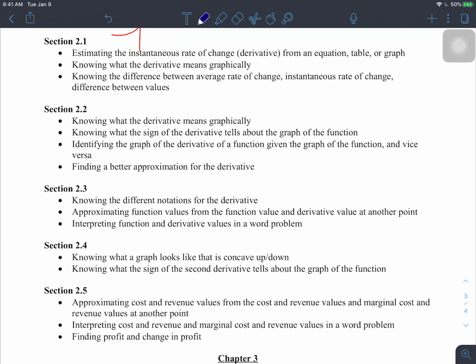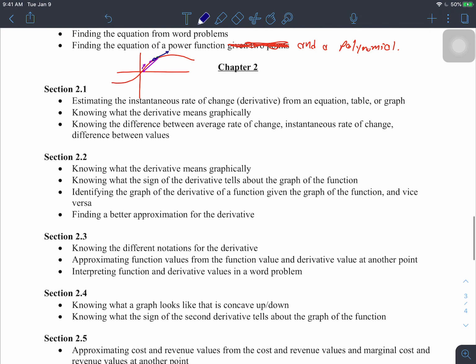Knowing what the sign of the derivative tells us about the graph of a function is important. In particular, if f prime is larger than 0, this tells us f is increasing. And if f prime is less than 0, this tells us that f is decreasing.